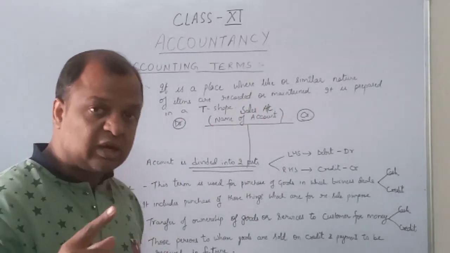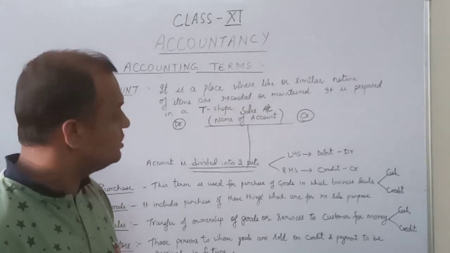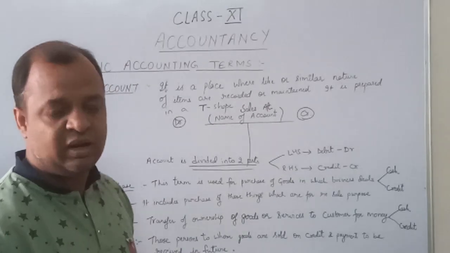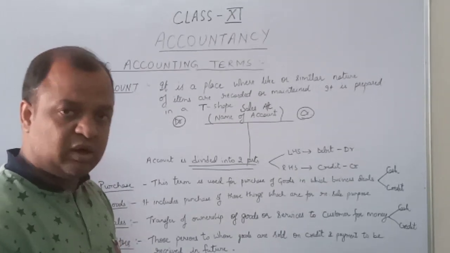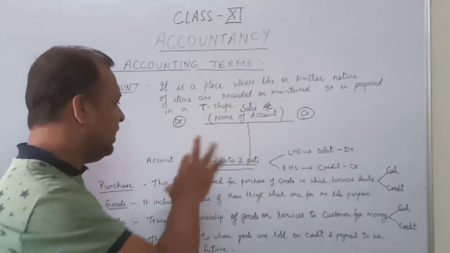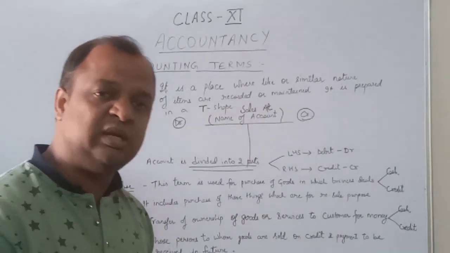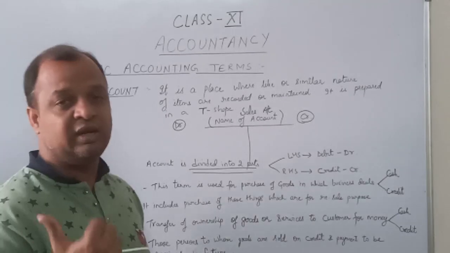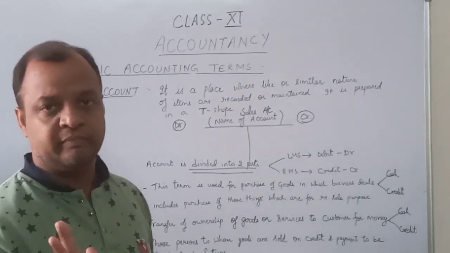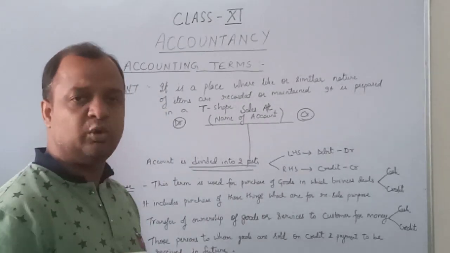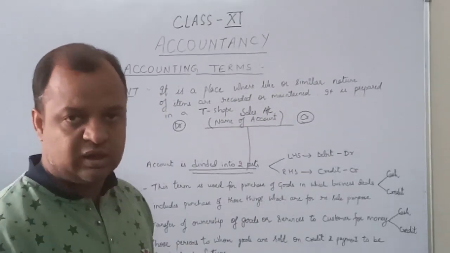So now the second question can be raised in your mind, students. What is debit and what is credit? In a simple language, for the time being, just remember debit and credit is nothing but a certain increased effect or a certain decreased effect in accounting. How increase, how decrease, that we will try to understand in other classes.